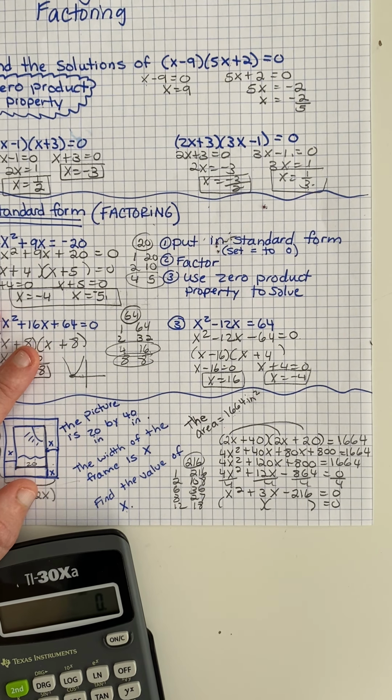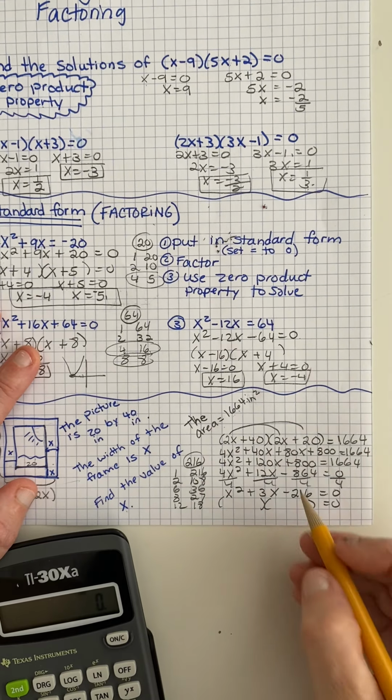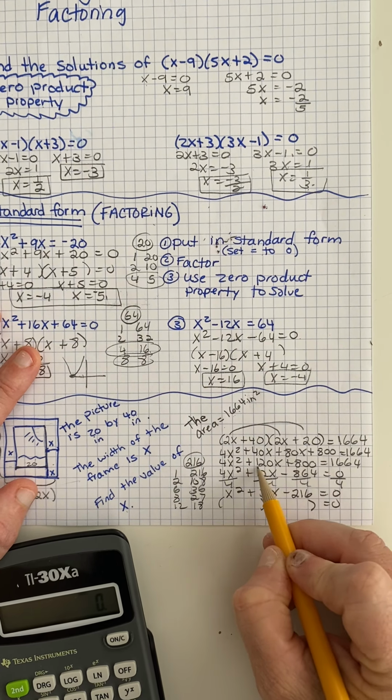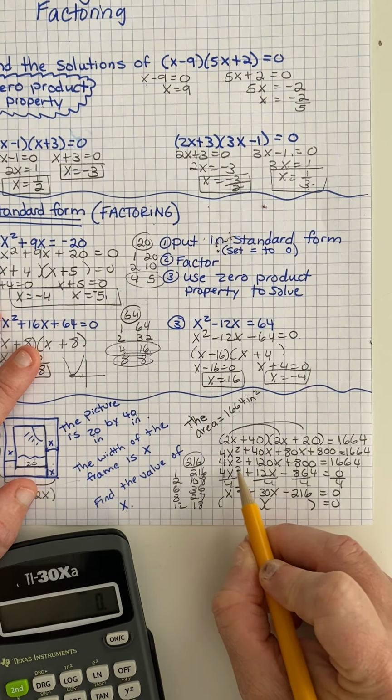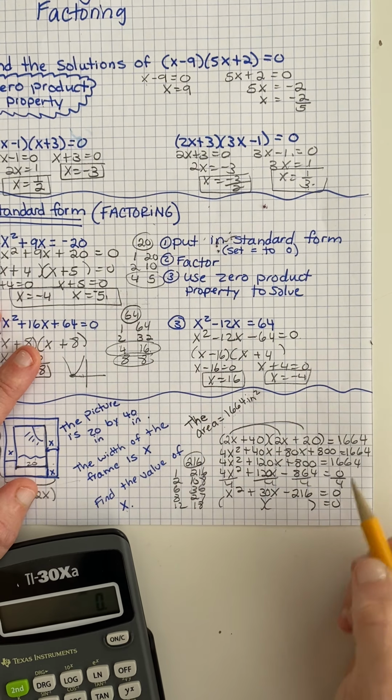Trying to see if I did something wrong here. Oh, yes, I did. This should be 30 because 120 when I divided everything by 4. Sorry about that. Okay, 30.